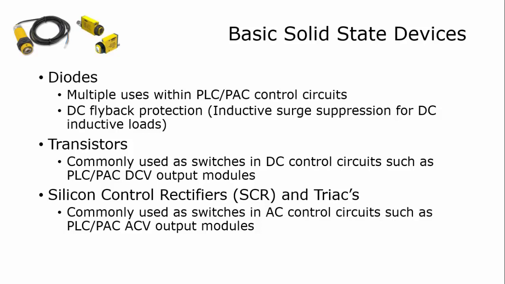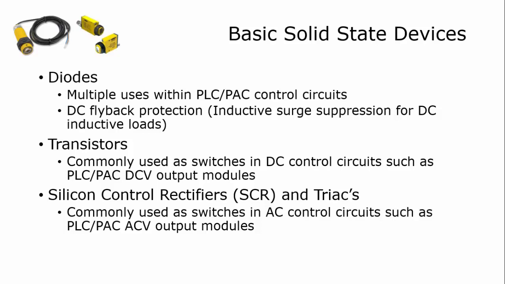Some of you may have heard of this, some of you may not. It's also called inductive surge suppression, and it's used on inductive loads. That is when you have a DC circuit and you have an inductor as the output device. That's an inductive load, and we'll talk about why they're used and why you have to protect yourself from that.